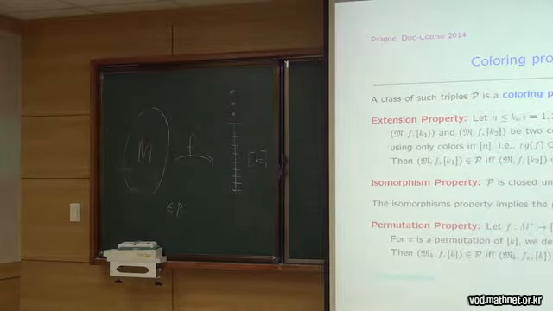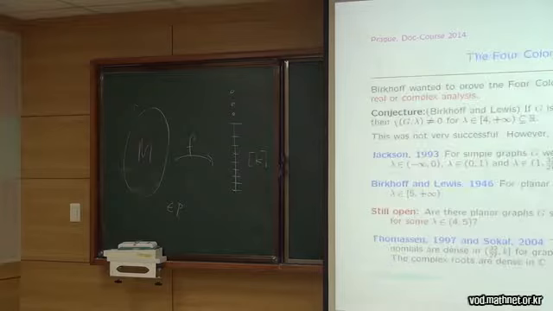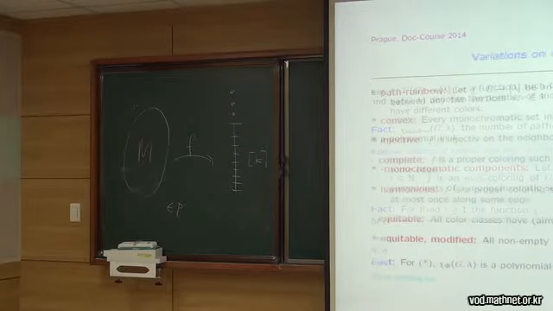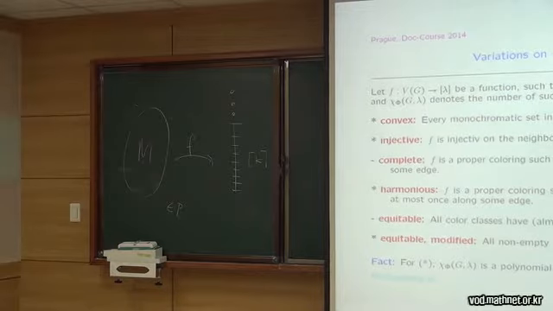So if we go back quickly, you see, to be convex, it doesn't matter if you take another color, but those which were in the range induce connected graphs, then this remains true. Injective, it remains true.